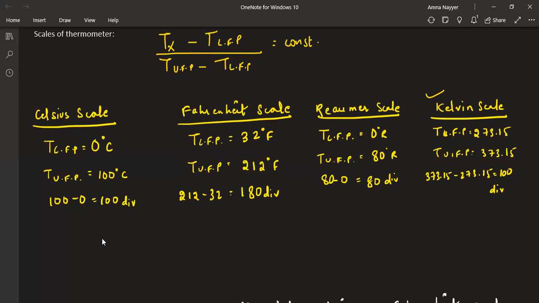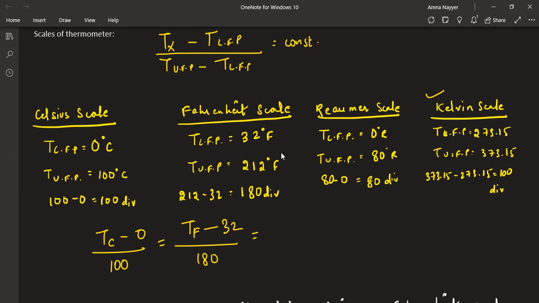It means the temperature in Celsius minus lower fixed point 0, divided by upper minus lower, 100 minus 0 is 100, equals the temperature in Fahrenheit minus lower fixed point 32, divided by upper minus lower, that is 180.